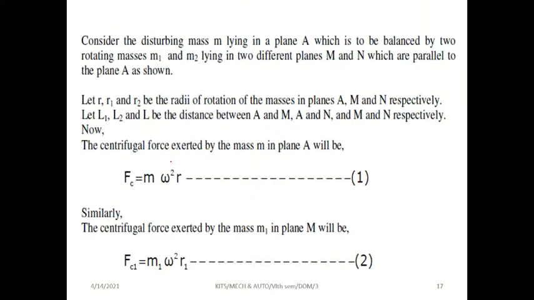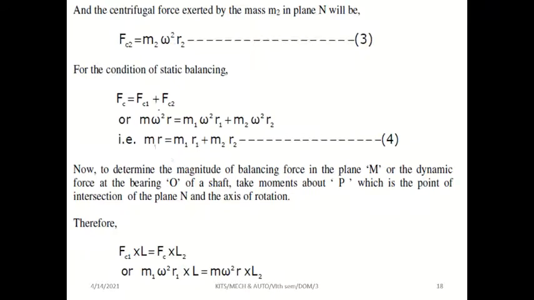So once again the formulas. Condition for static balancing: the force values are equal. Suppose they lie in different planes, here one plane, like that, the distance between the planes is called L. Suppose there is a shaft here.